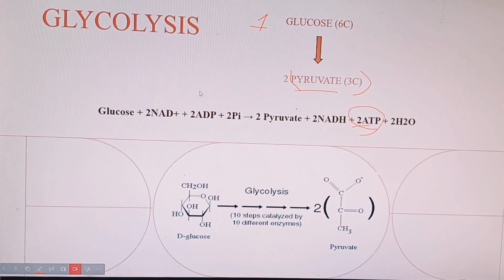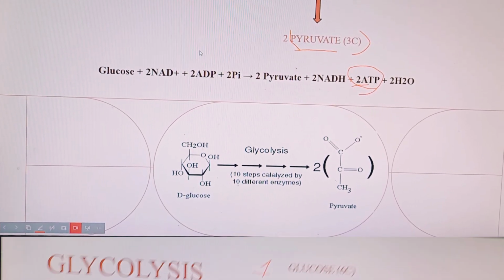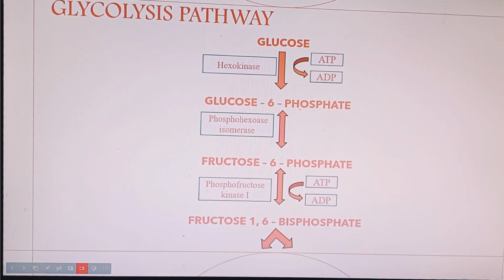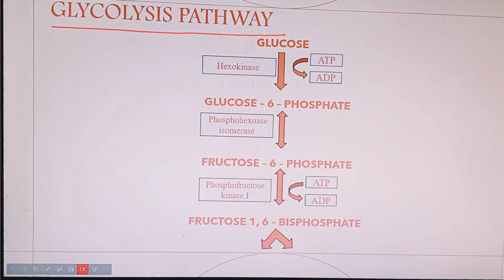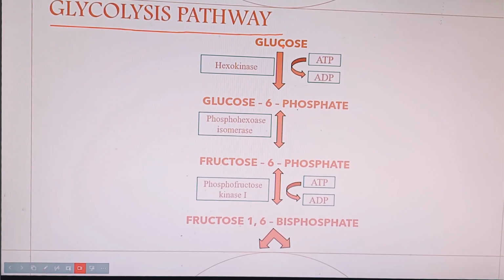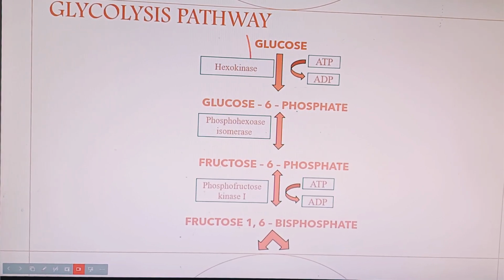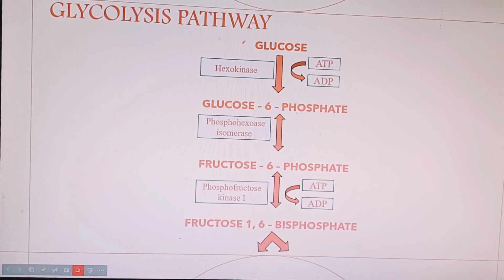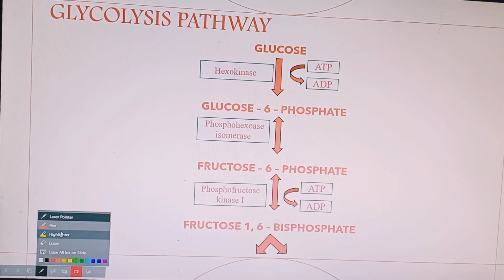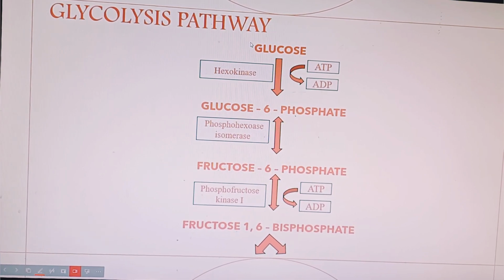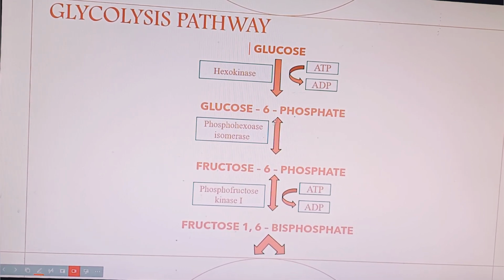First of all, we know that the precursor for glycolysis is glucose. In the very first step, the glucose gets converted into glucose 6 phosphate. Now if a glucose molecule has to convert into a glucose 6 phosphate molecule, there is attachment of a phosphate molecule occurring, or phosphorylation of glucose is occurring.